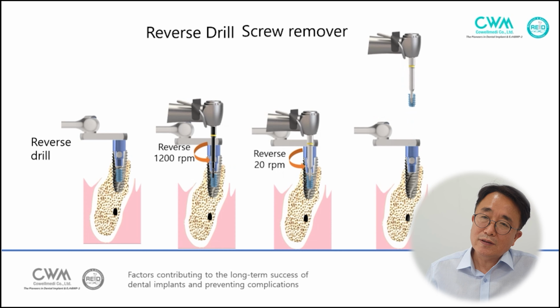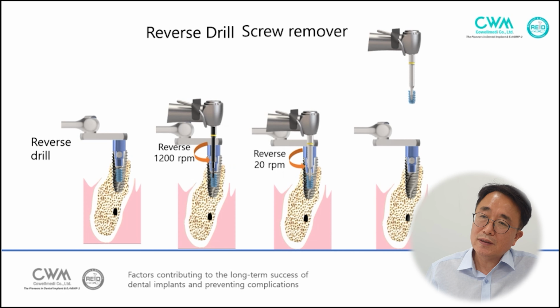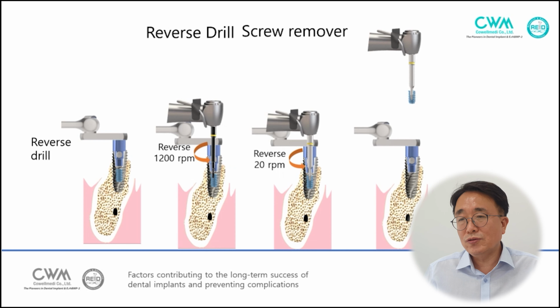Reverse drill is used with 800 RPM or 1200 RPM with the reverse direction. And then this hole is connected with the reverse drill screw remover with 20 RPM.